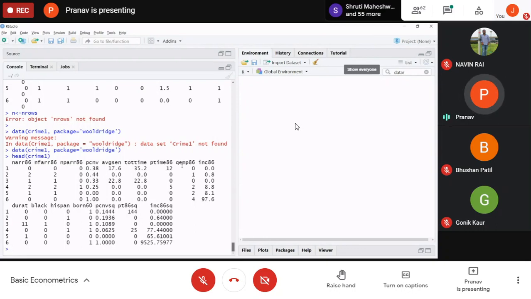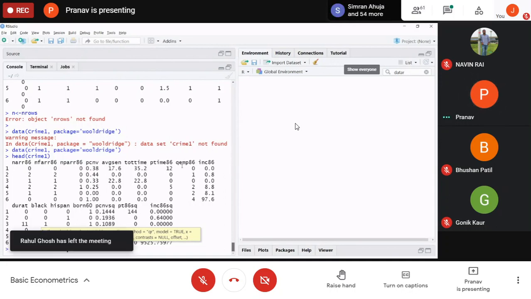a regression model. So let me assign the variable model LM. Now I have the dependent variable as NARR86, followed by the tilde sign, which separates the independent variables from the dependent variable.